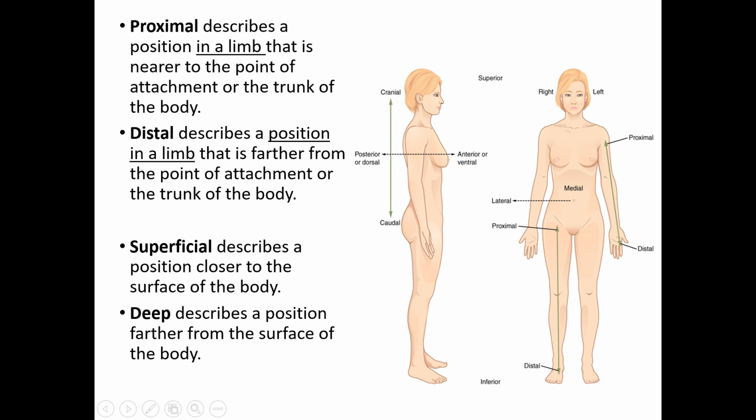But what if we are talking about ribs? Ribs are located under the skin, so ribs will be deep to the skin. But the heart is deep inside of the rib cage, so the heart will be deep to the ribs, and ribs will be superficial to the heart.